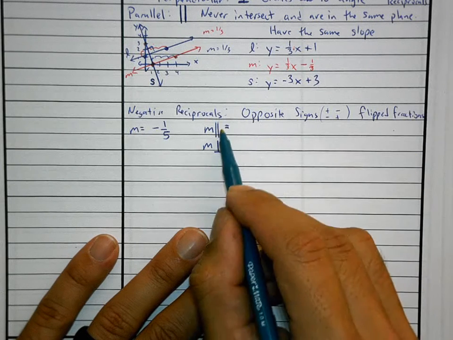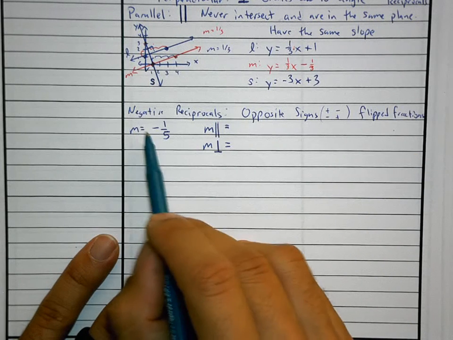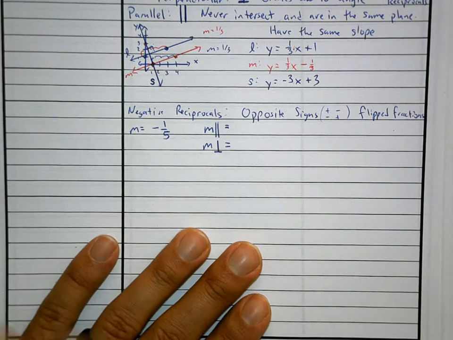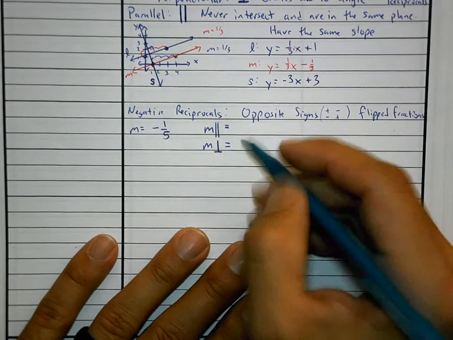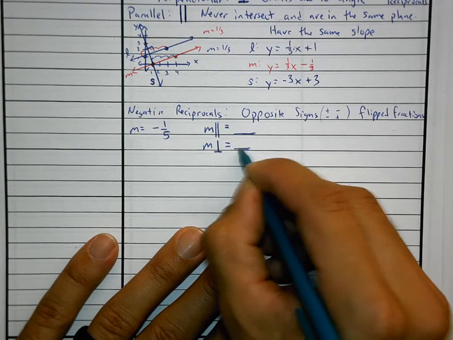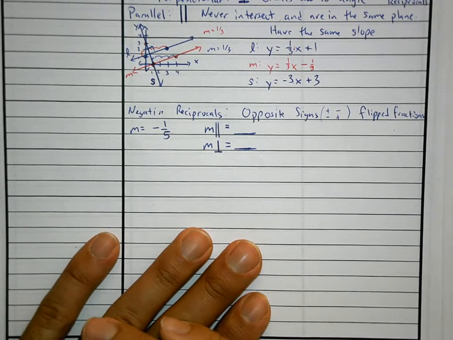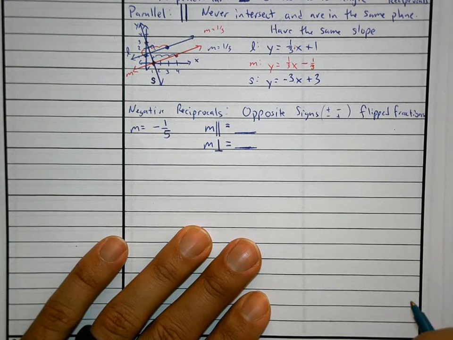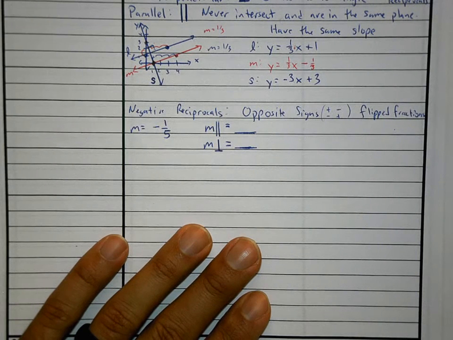Can you figure out what the slope of a parallel line would be, and the slope of a perpendicular line? Put what you think it is and then look to see if you and the person sitting next to you have the same answer. Go ahead and look. Write it down. What do you think?